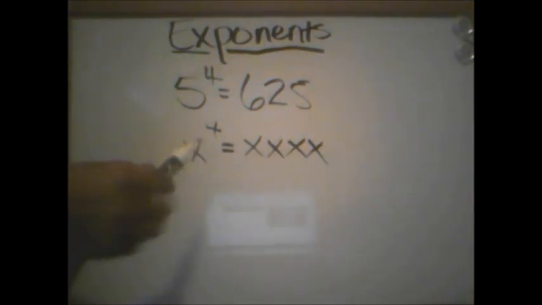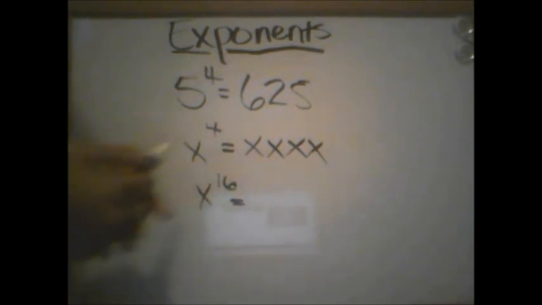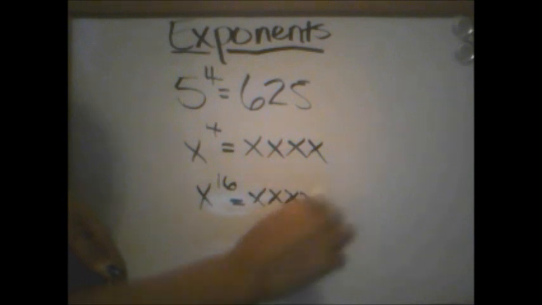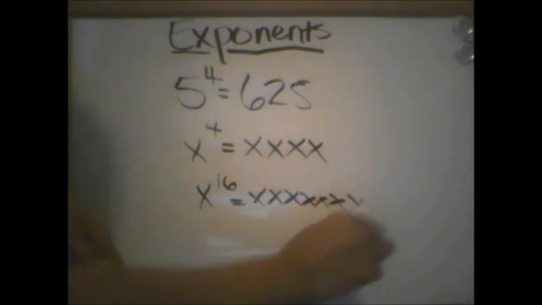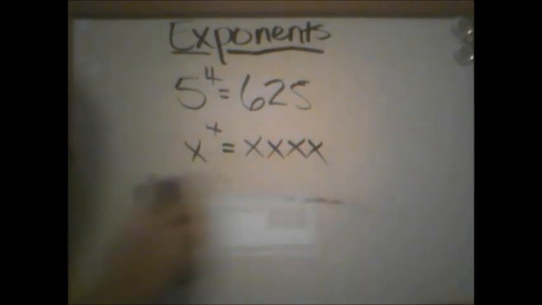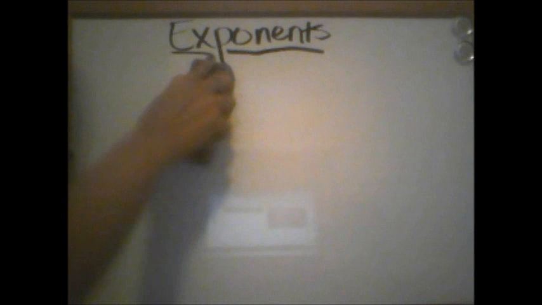What if we had x to the 16th power and we had to continuously write that? Wouldn't it be inconvenient to write 16 x's all the way down? So that way we use exponents, especially with variables. Adding and subtracting exponents is fairly simple.